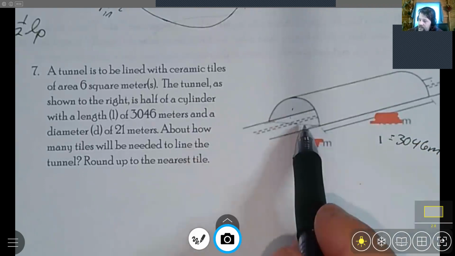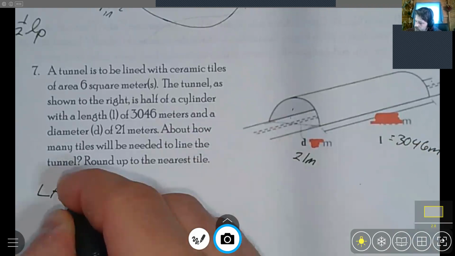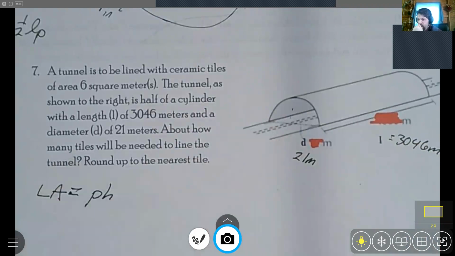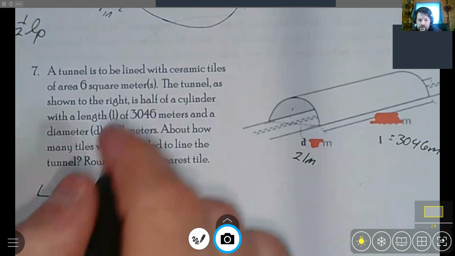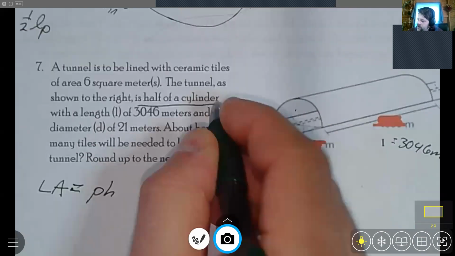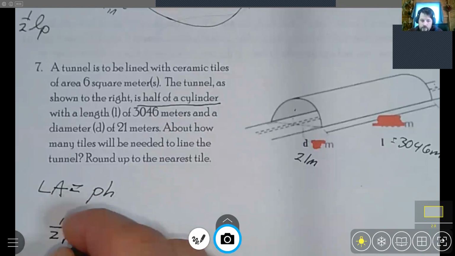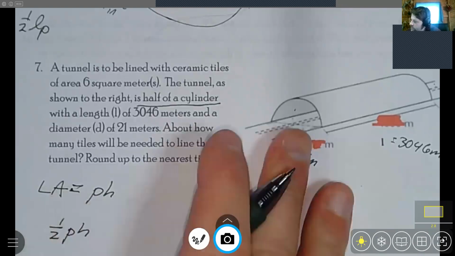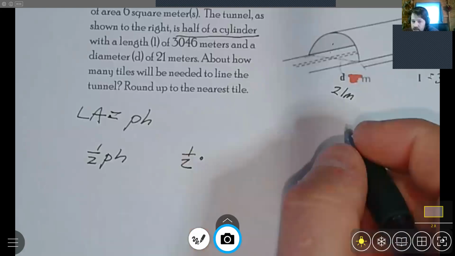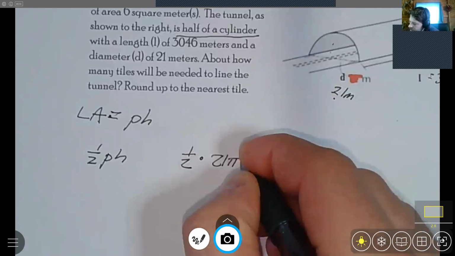So again, we're looking at lateral area of a cylinder, which is equal to perimeter times height. And since we only have 1/2 a cylinder, we just need 1/2 of the perimeter times the height. So the perimeter of the base here is just the diameter times pi. So 21 pi.